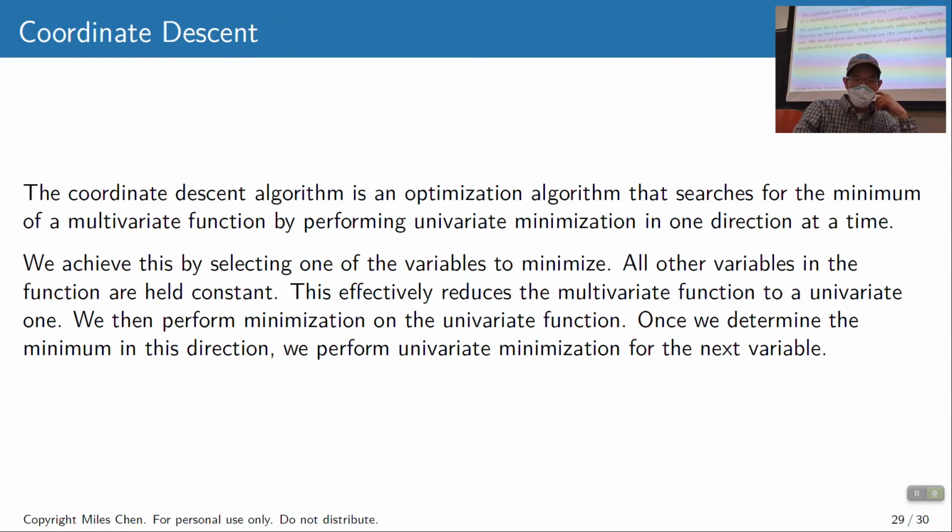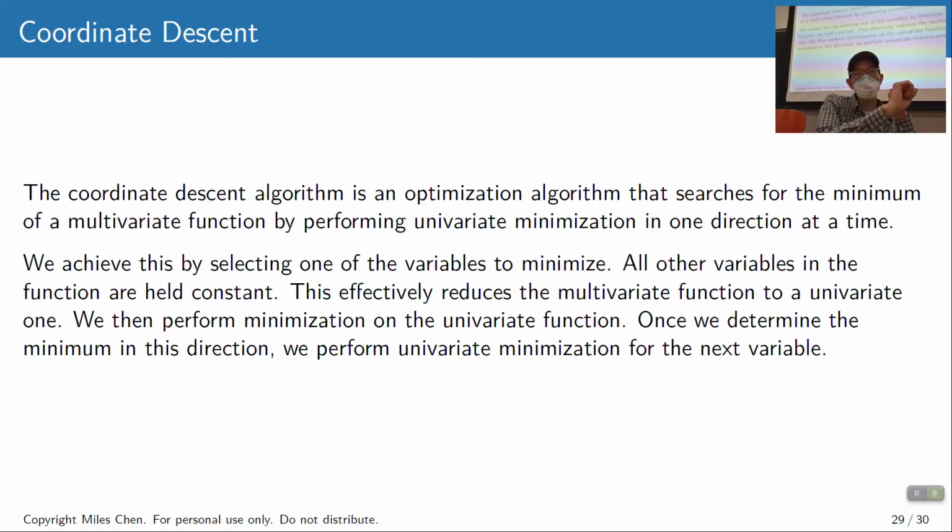So this is where we can do coordinate descent. Coordinate descent is an optimization algorithm. The way we apply it to a multivariate function is we turn the multivariate function into a univariate function. How do we do that? We hold all the variables constant except for one variable.